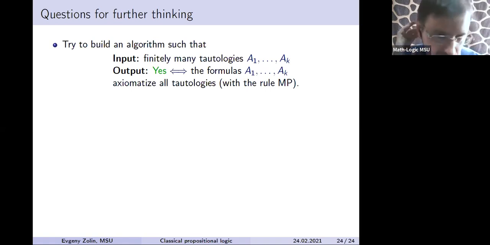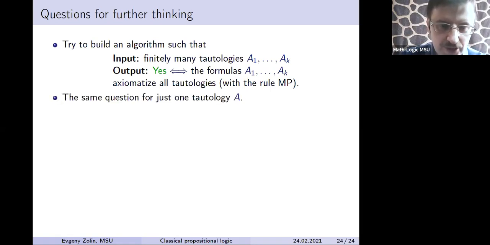And if we can, how complex is it? How much time does it take? How much space does it take? So this is just a question to think about. And of course, the same question can be put if we just take one axiom. Can we decide whether this axiom is enough to axiomatize all tautologies?